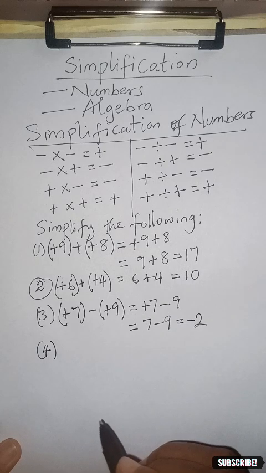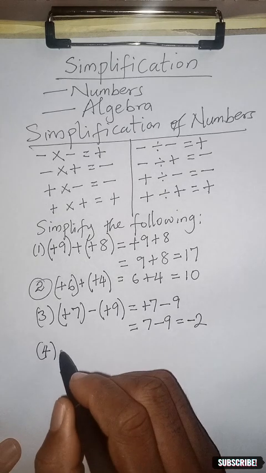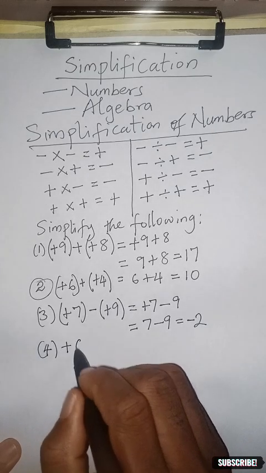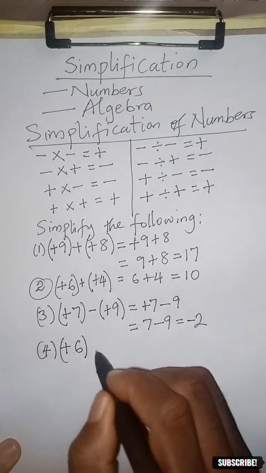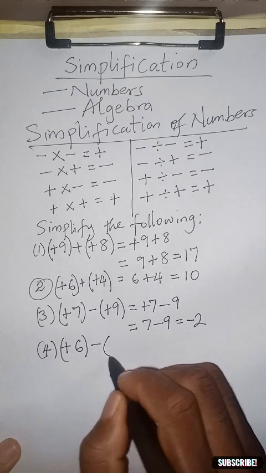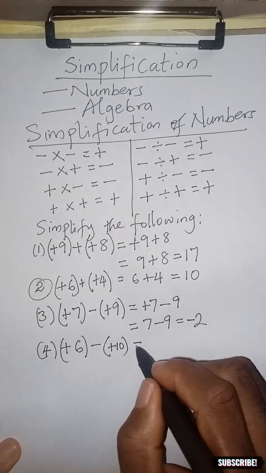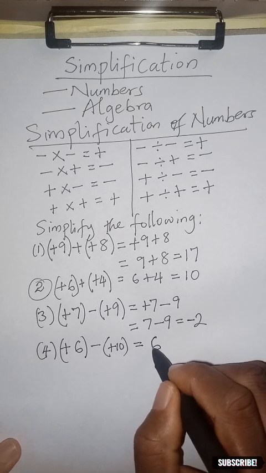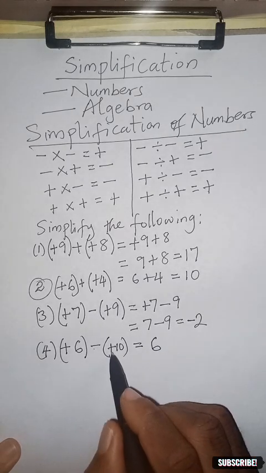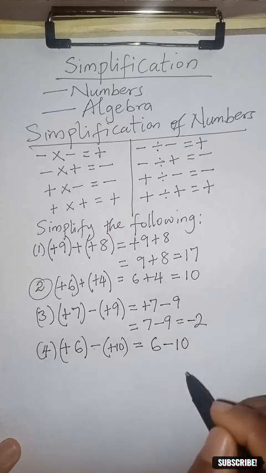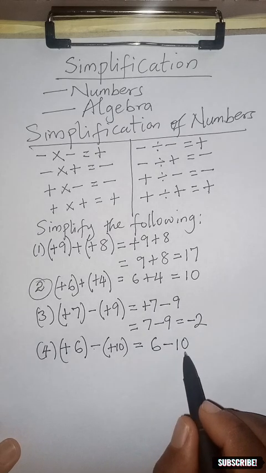Let's say I have plus 6 minus plus 10. Let this be 6 minus times plus, minus 10. Now 6 minus 10.